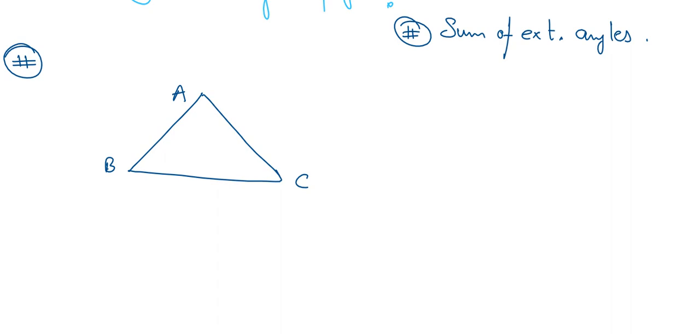What if I just extend my polygon? I had the line segment AB here. Let me just extend my line segment like this only, extend up to here, and let me mark an angle.